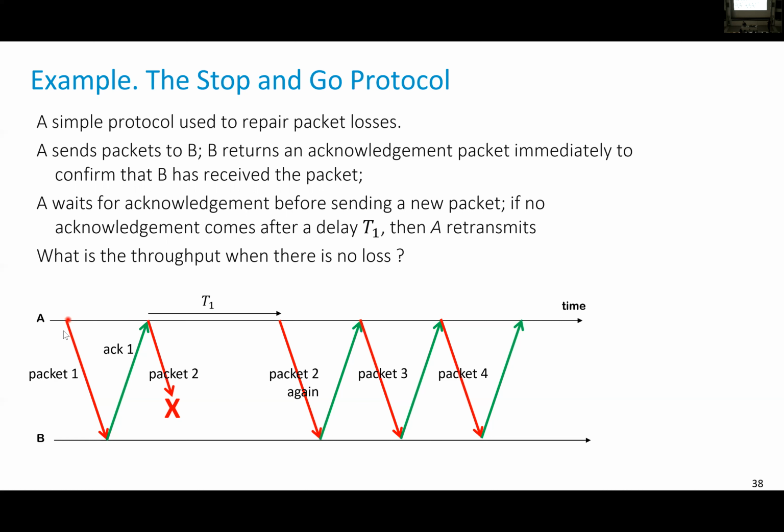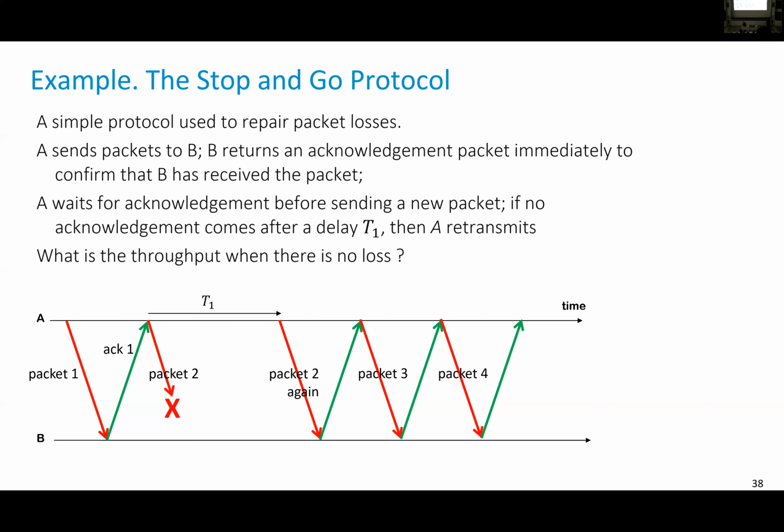It consists in sending a packet and waiting for an acknowledgement. So the protocol dictates that whenever you receive a packet, you send an acknowledgement. And if everything goes well, you receive the acknowledgement, and then you continue. If the packet is lost, like packet 2 here, no acknowledgement will come back, and then you will detect that there is a loss by timeout.